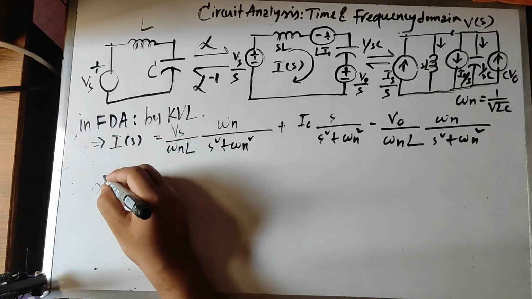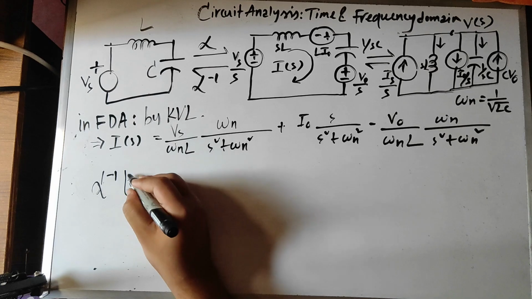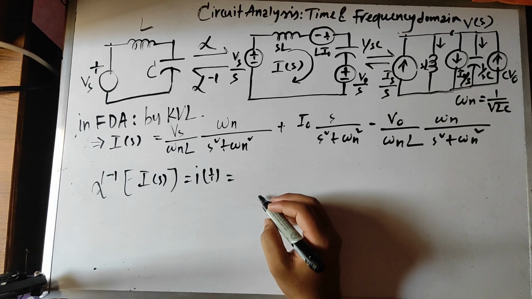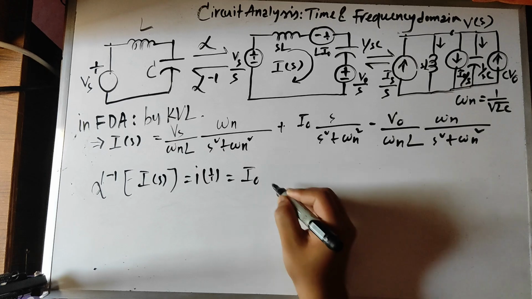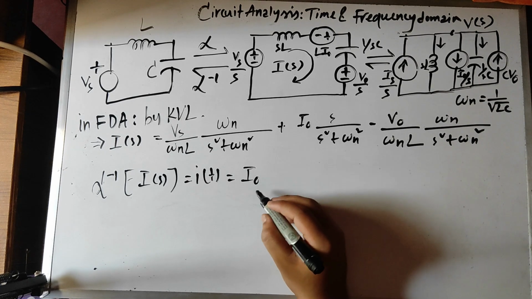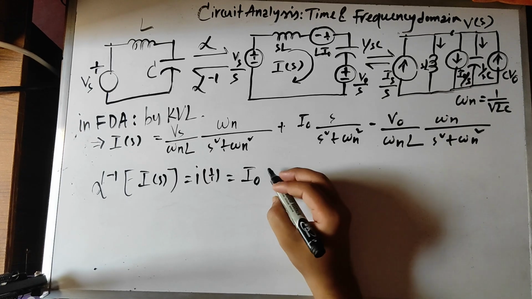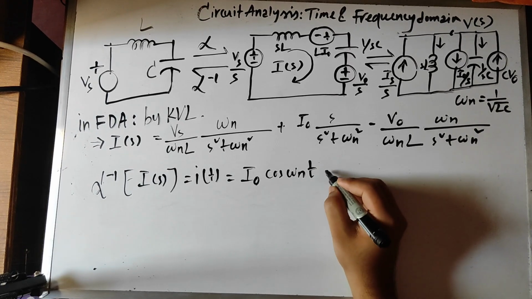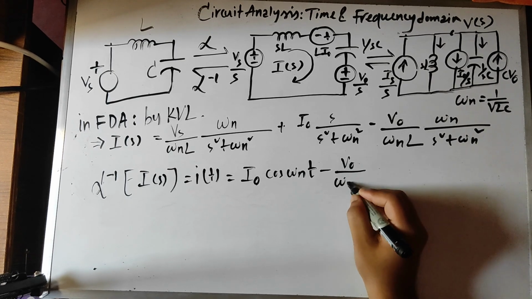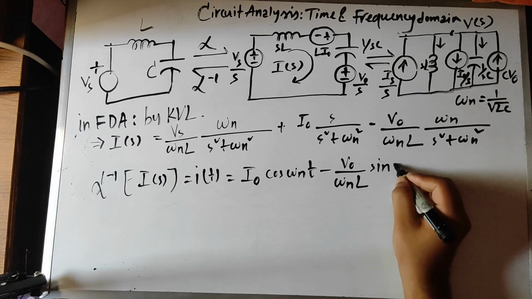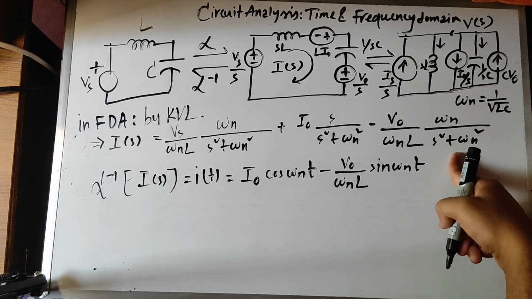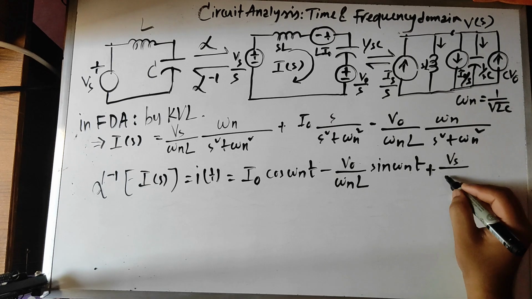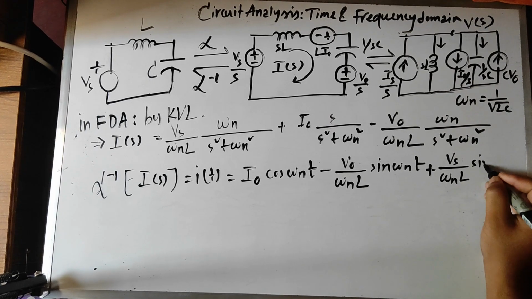Now if we apply the inverse Laplace, it will give us i(t), which, let me write like this: Io cos omega n t, minus Vo by omega n L sin omega n t, the inverse Laplace transform of this term, and plus Vs by omega n L sin omega n t.